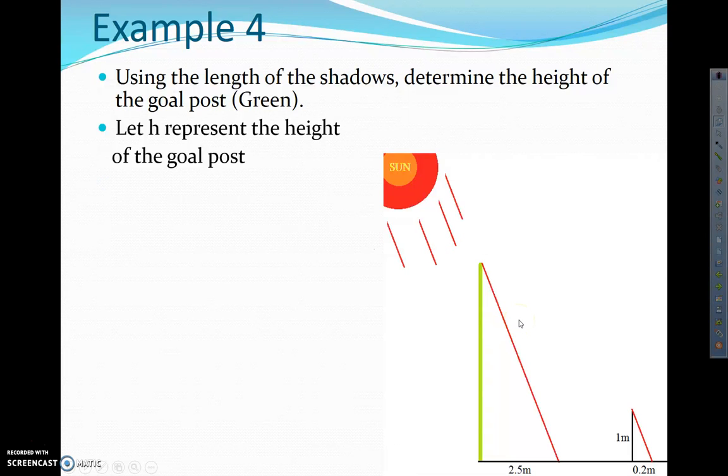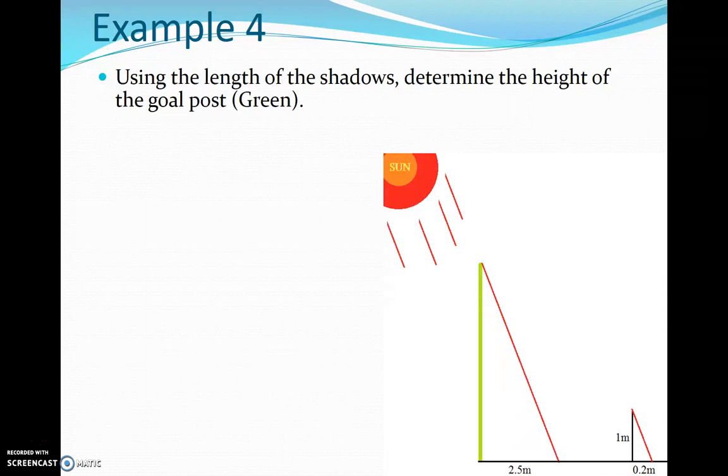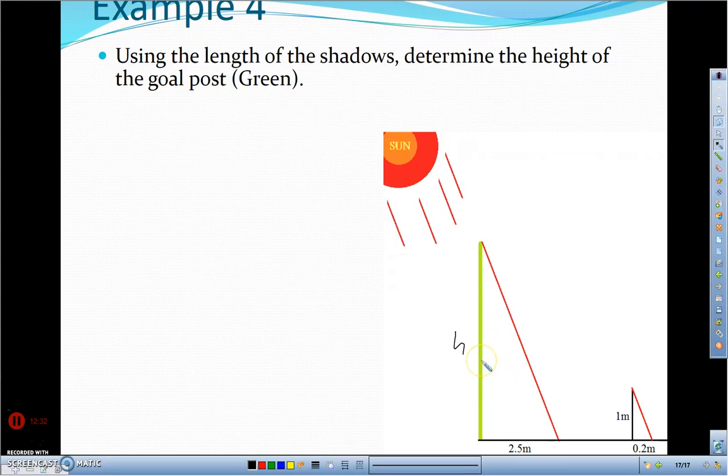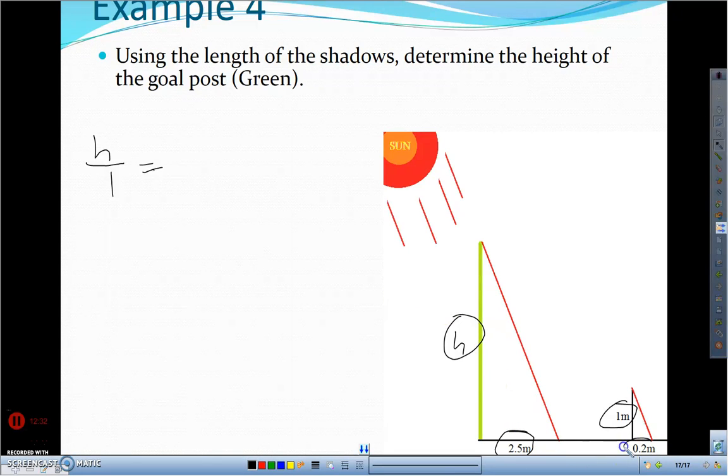Well, that's not very helpful. Let's show a little bit more math. Now what's going on here? This is h, and in this case, we're going to start with h. h over 1, this corresponds to this side, is equal to, went big to small, so we go big to small, 2.5 over 0.2.